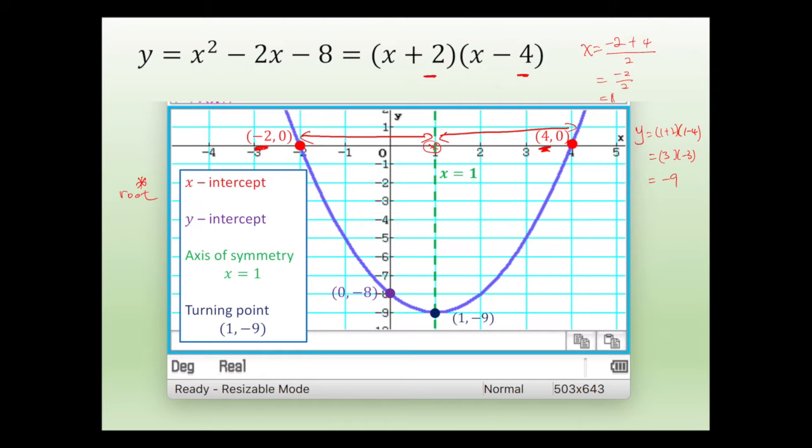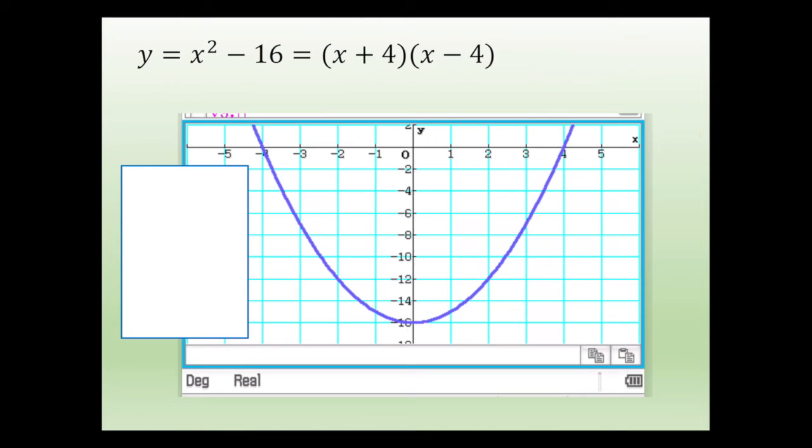Axis of symmetry is the midpoint between the two solutions, the two roots, and therefore is (-2 + 4) divided by 2. And finally, substituting x equals 1 into the equation, you'll get the turning point.